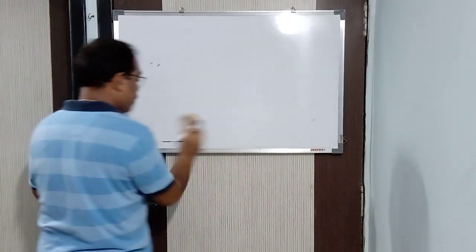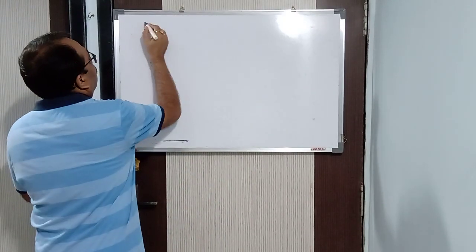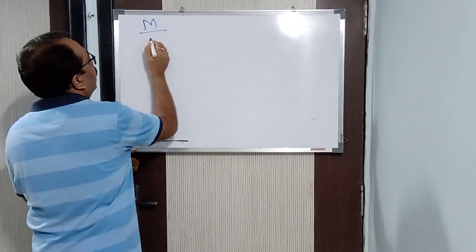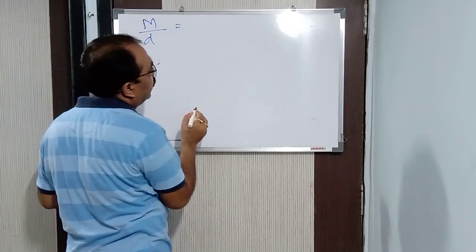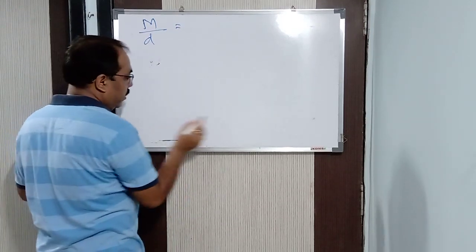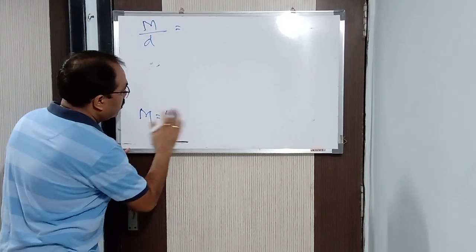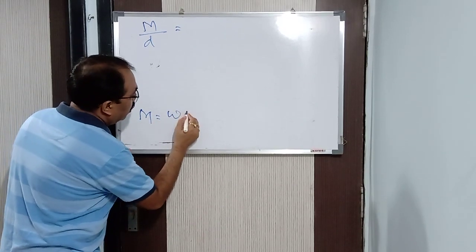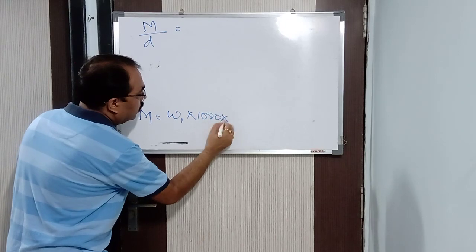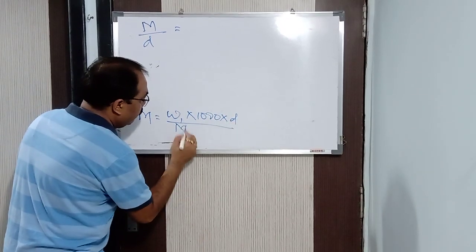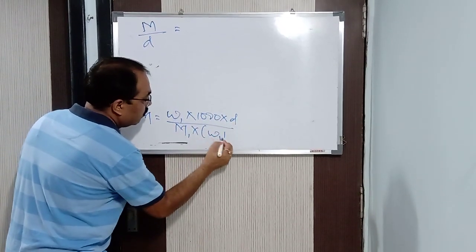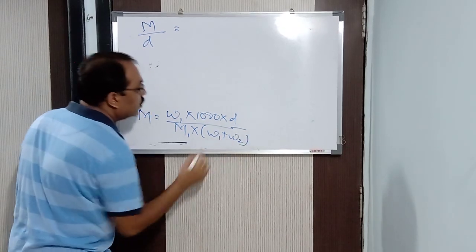So next is M by D, and what I did was nothing but W1 into 1000 into D by M1 into (W1 plus W2), isn't it? I wrote it just now.